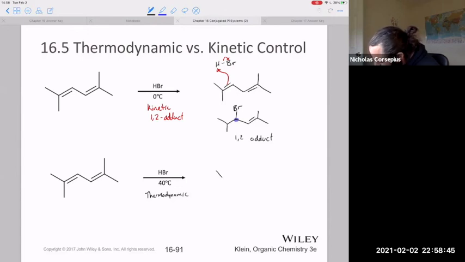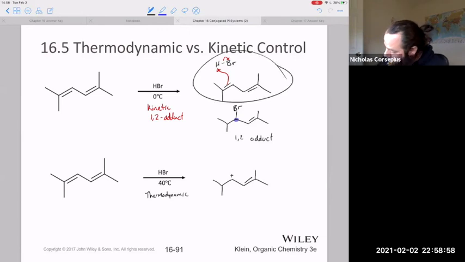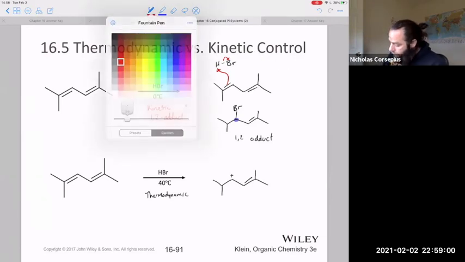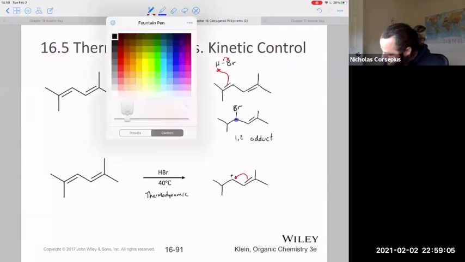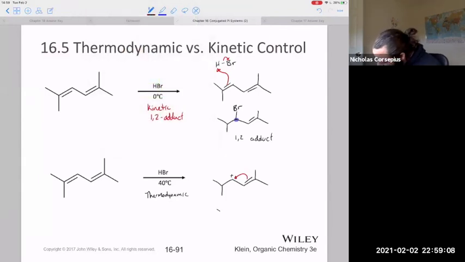In this reaction mechanism, we have the carbocation that's formed, same first step as over here. But the difference is now we could have resonance leading to the 1,4 product. So now that puts my positive charge on this particular atom, and my double bond has been moved over here. And so when the bromine gets added, it will be added to that positively charged carbon.